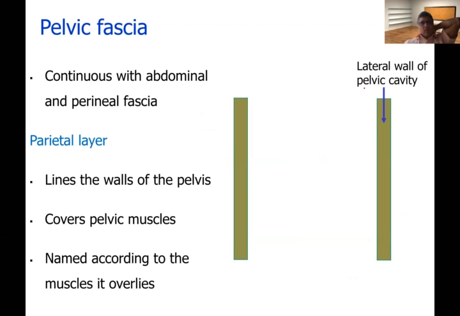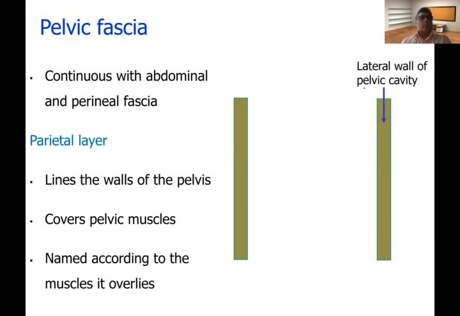Okay. Then pelvic fascia. Sometimes people get confused about the terminology of the different layers of pelvic fascia. Now, pelvic fascia has two components: parietal pelvic fascia and visceral pelvic fascia.